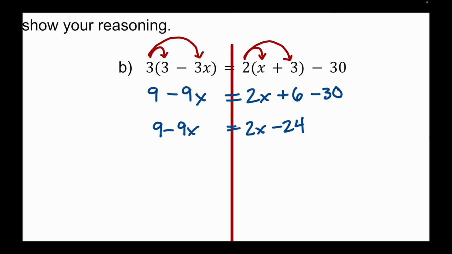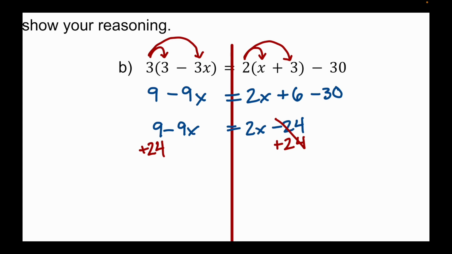Okay, and so my bigger value for my variable's coefficient is going to be on the right because I have -9 versus a +2, and positive will win every time. So I'm going to move my numbers to the other side or get them out of the way. And by lining this up under the regular 9, not the 9x, I can see it's a +9, and I'm adding 24 to it.